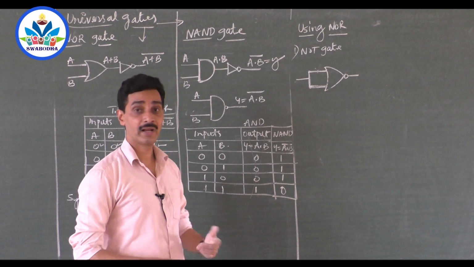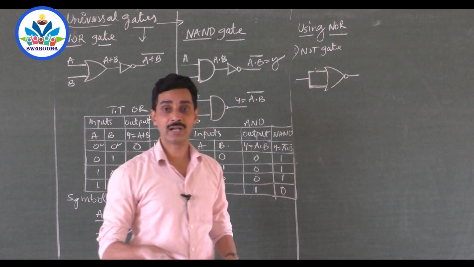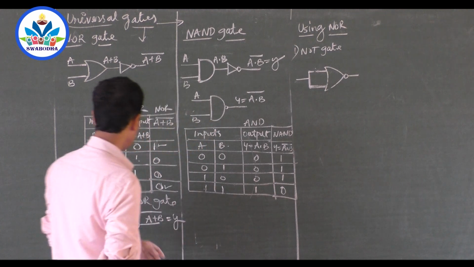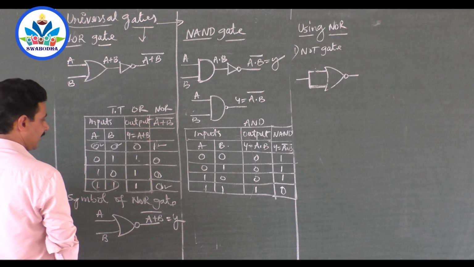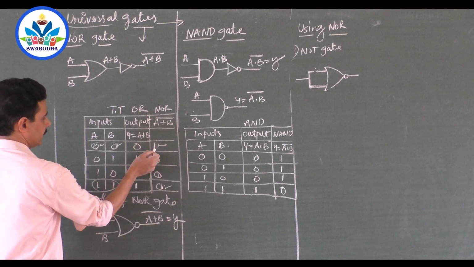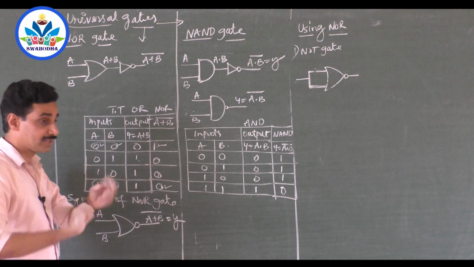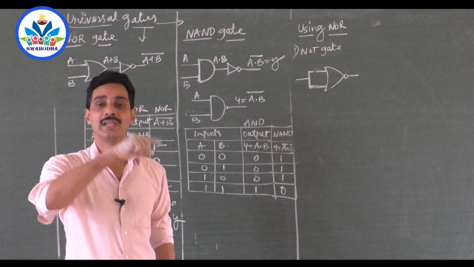That means you are allowed to supply both 1 or both 0. You can't give one 1 and another 0. Not possible because they are tied together. That means you have to check either this one or this one. Nothing else. What is the output? Complemented. That means if you tie the inputs of the NOR gate, it is a NOT gate.